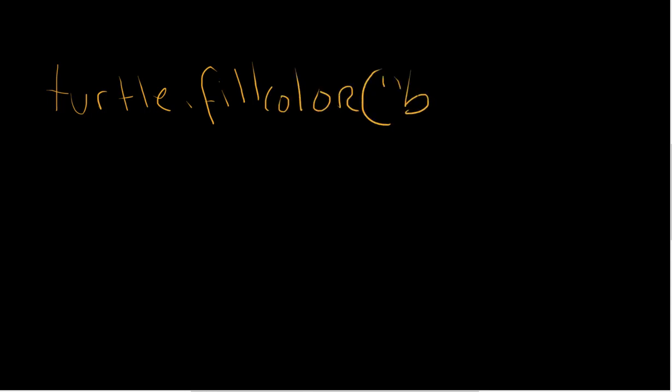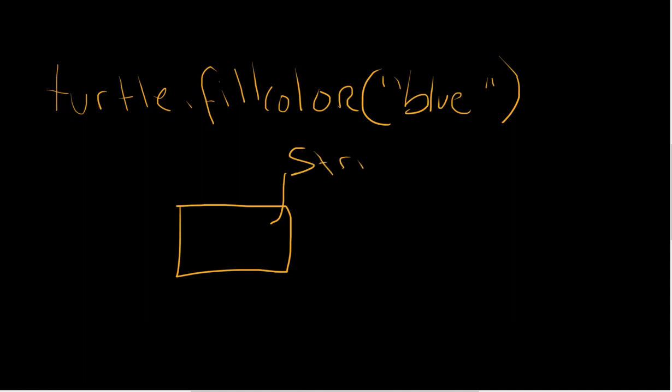For turtle, for instance, once we've imported turtle, we may call turtle.fillcolor. In this case, we're going to send it a string. Let's send it blue. So this is what this looks like. We're going to input fillcolor with a string that represents a color, and there is no output.